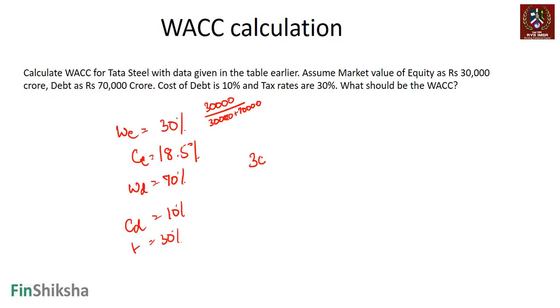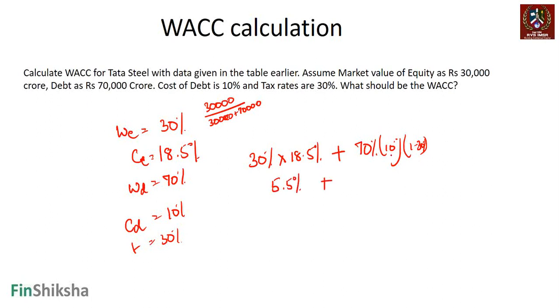What is the equation? 30% into 18.5% plus 70% into 10% into 1 minus 30%. In other words, 30% into 18.5 will be 1.85 times 3, which would be effectively, if I calculate that, effectively around 5.5%.